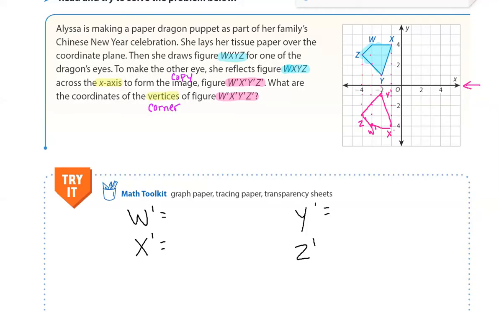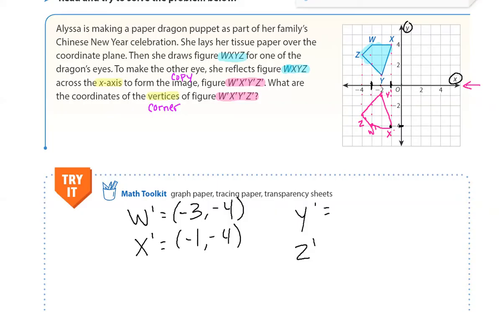W is at, we do the x first because x comes before y in our ABCs. So W prime is at (-3, -4). Point X prime is at (-1, -4).